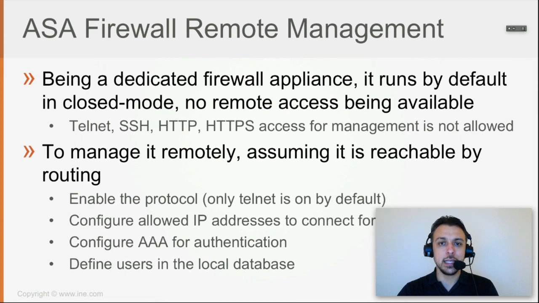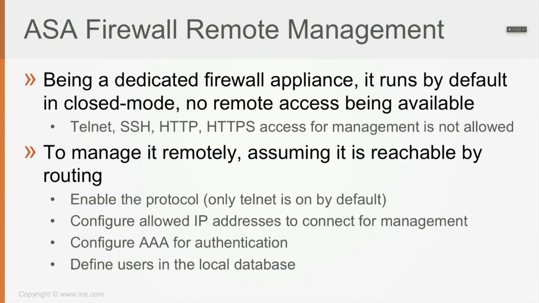If you want to authenticate for management, you have to enable AAA for authentication. And then, of course, you have to define users in the local database. Telnet is the exception, which supports only passwords. But if you use SSH, HTTP, or HTTPS, you have to define users in the local database.